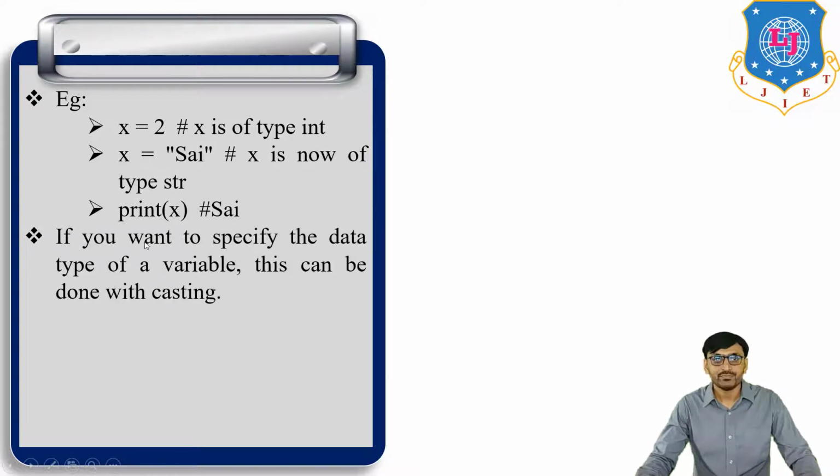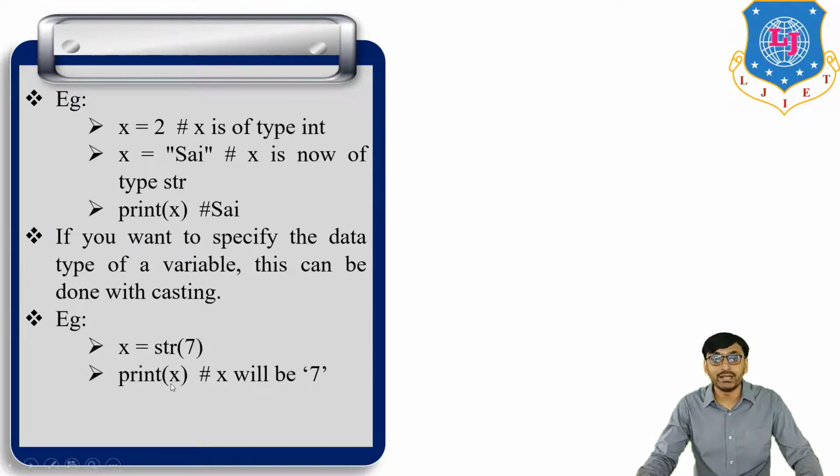If you want to specify the data type of a variable, this can be done by typecasting. For example, x = str(7). This 7 is an integer and we convert this integer into a string by using the str function.